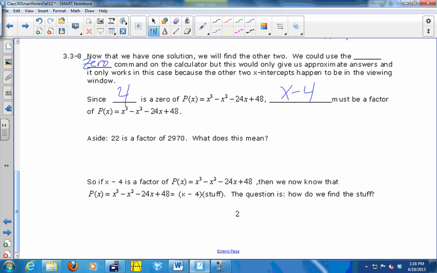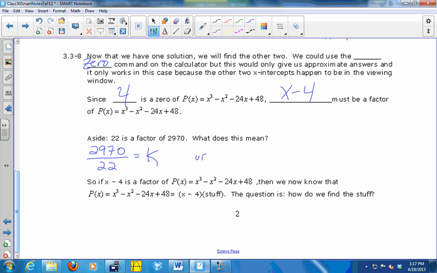Now, before I use this information to help me find other factors, we're going to discuss quickly what it means to be a factor. All right, so 22 is a factor of 2,970. What does that mean? There are a couple of ways to think about it. You can say 2,970 divided by 22 is a whole number, right?